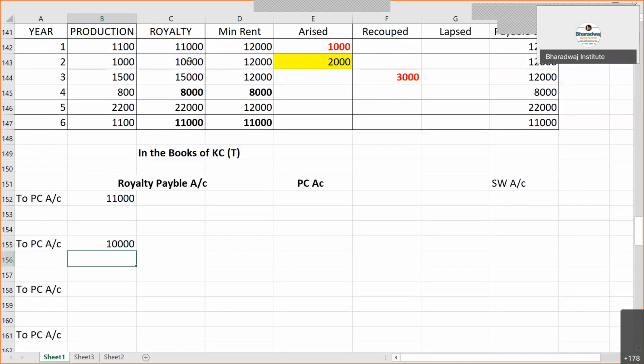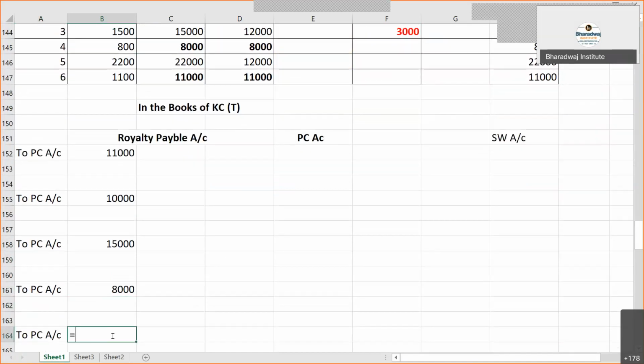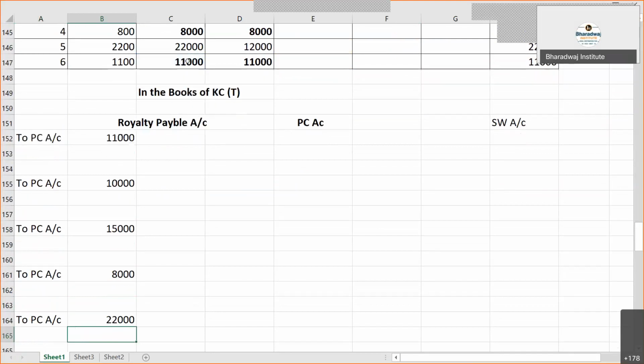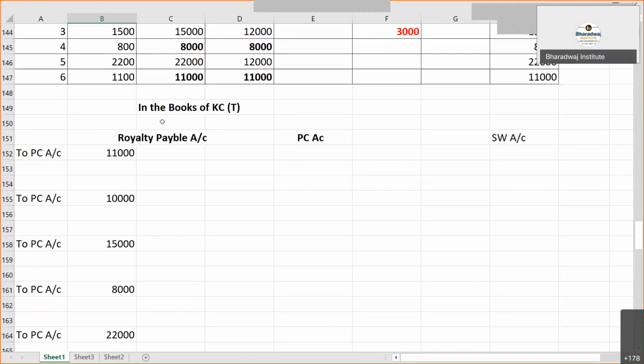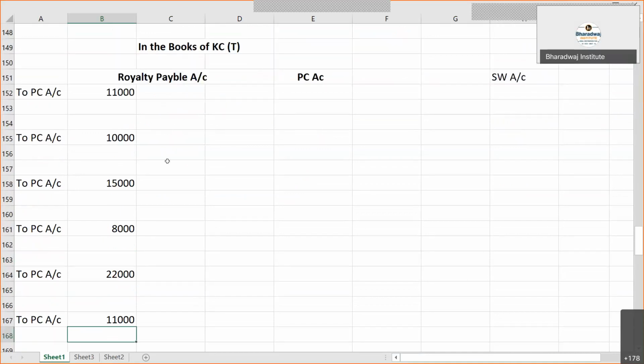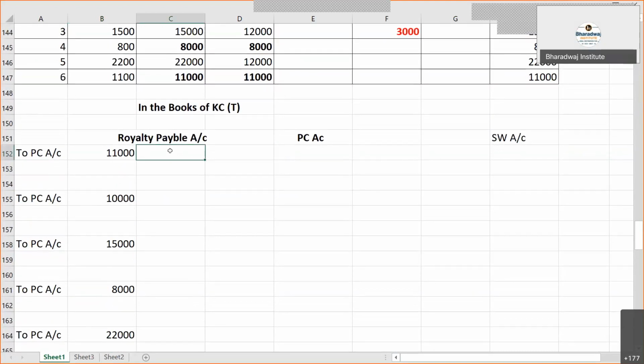Second year royalty is 10,000. Third year royalty is 15,000. Fourth year royalty is 8,000. Simple, debit the expenses. Fifth year it is 22,000, and next year it is 11,000. So simple, royalty payable to PC. And this is an expense that will be transferred to P&L account.